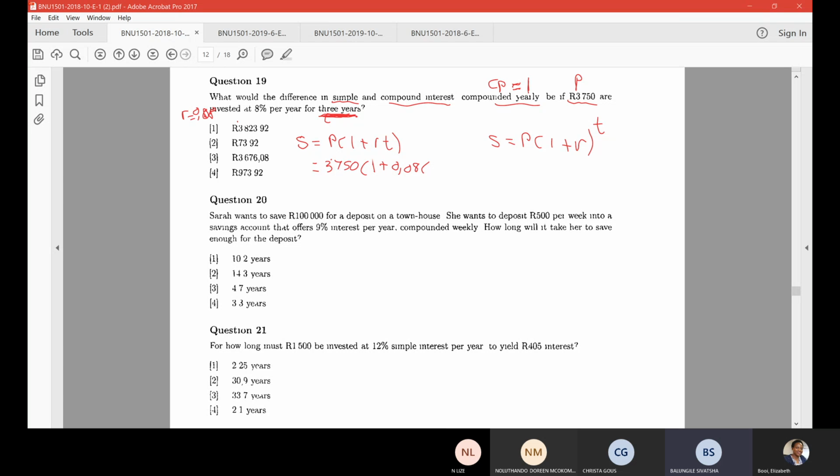I'm confused about T. It's for 3 years, so T will be 3. Then solve the equation.